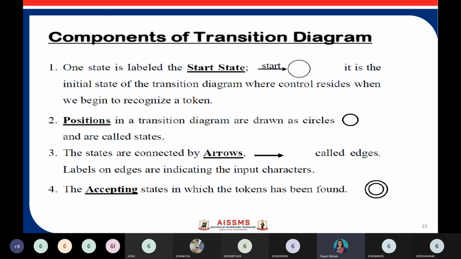This is the start symbol, always to begin with. Positions in the transition diagram are shown as circles, the states are indicated by simple ovals, start is with an arrow, and the connections between states are given by arrows.